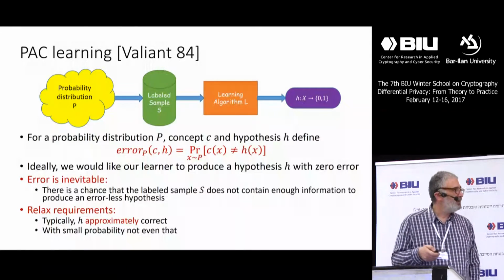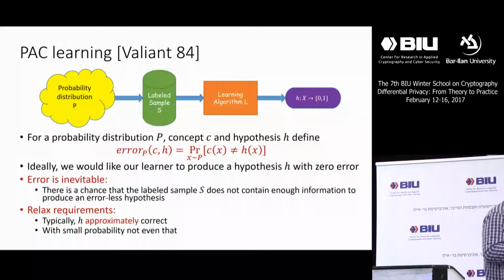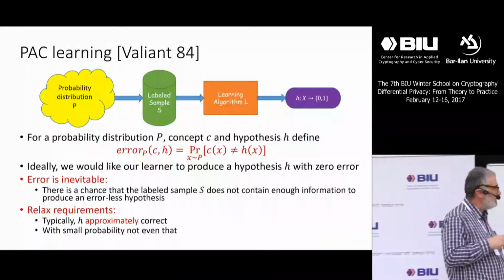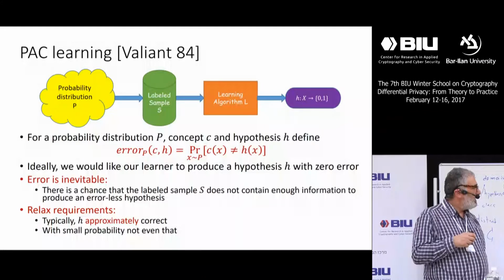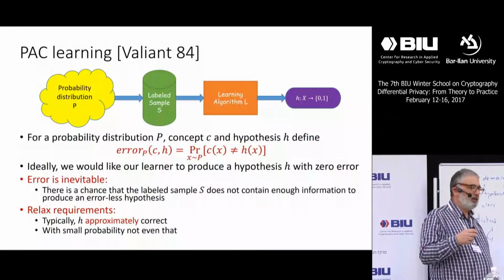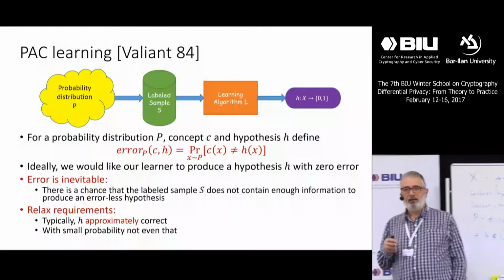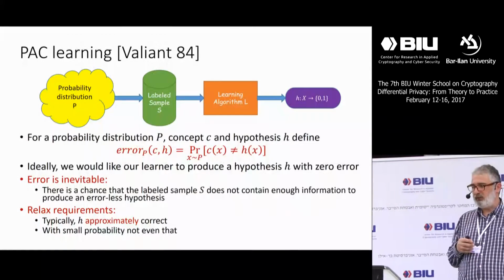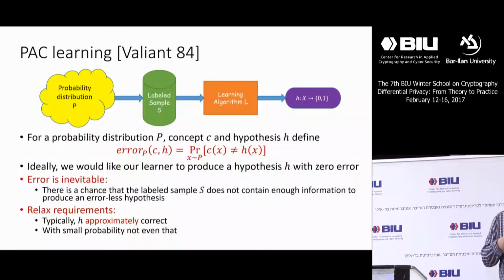So we relax the requirement, and we'll relax it in two ways. One is that we will allow that H is approximately correct. That will be a good H. So we will have a parameter, I'll call it alpha, and this will be our bound on the error.